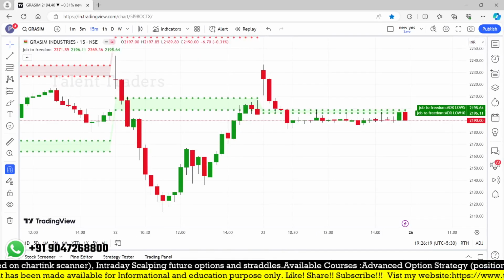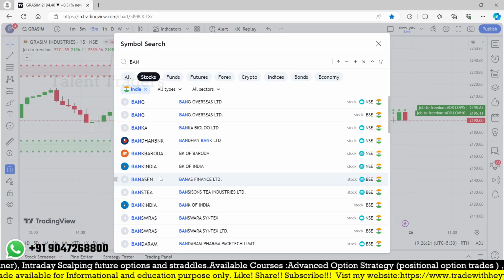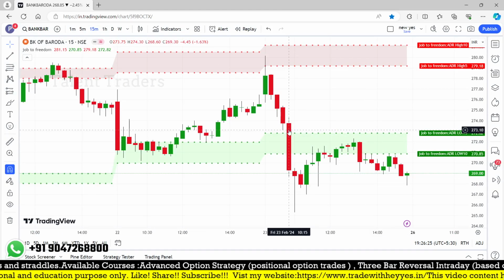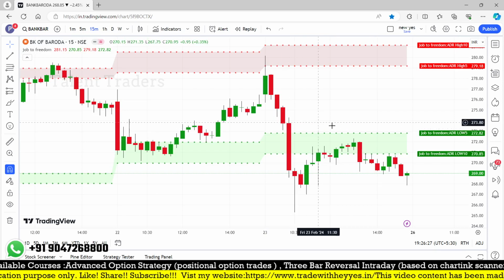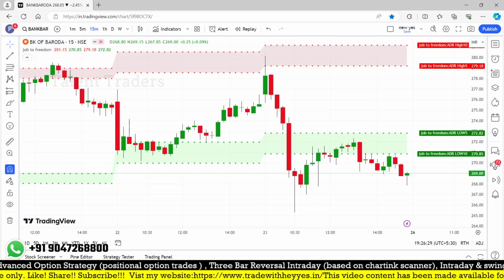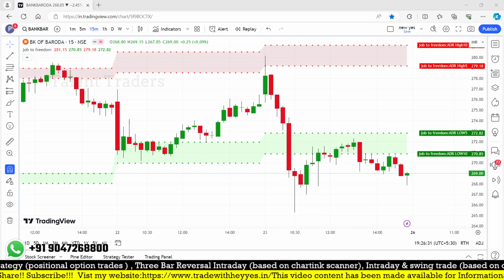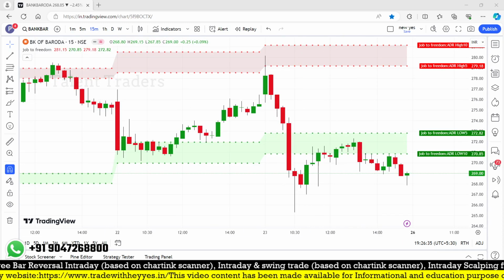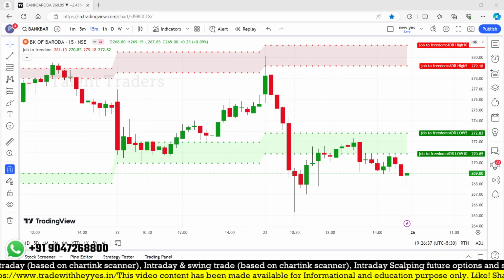And finally Bank of Baroda, maybe a volume stock, whether it is giving you the opportunity or not. It is a big one, I think it's more than 1.6%, how did it come into the scanner? So let me check whether it is more than 1.6% in the fifth candle.